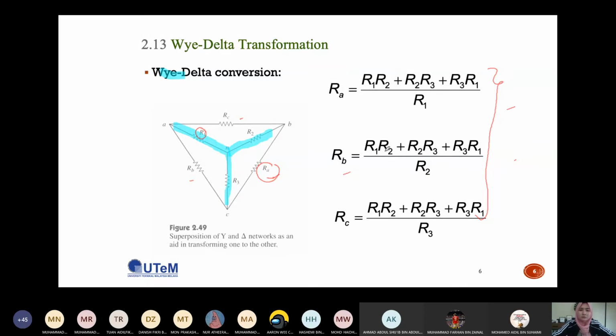For RB, the same. On the top here is the same, R1 R2 plus R2 R3 plus R3 R1. Then divide by R2 because RB is over here, so it must be divided by R2. For RC is over here, then it must be divided by R3.